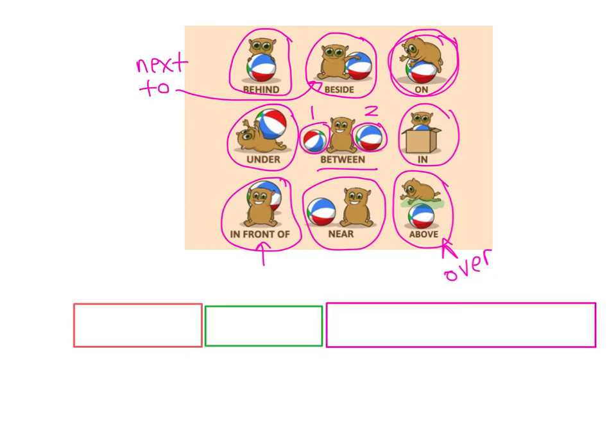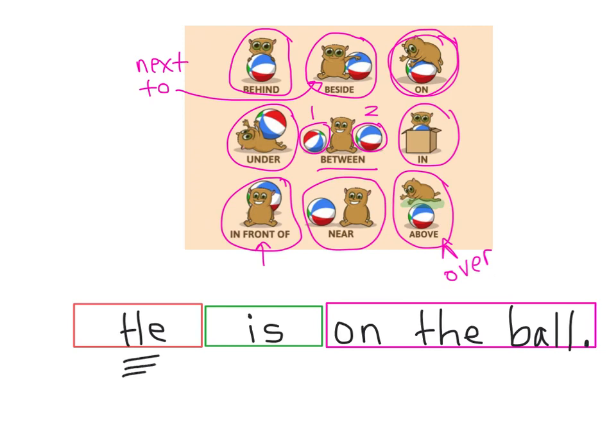So I could say he, or it, or that thing, he is on the ball. I make sure I have a period at the end, capital letter at the beginning.